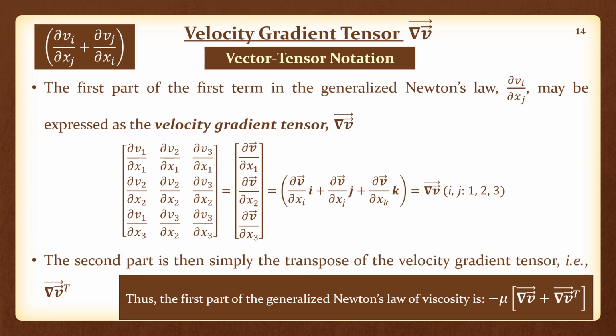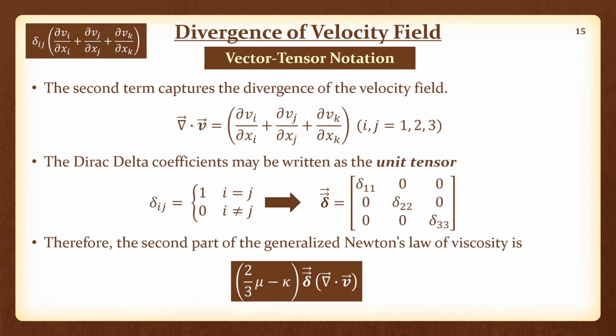This is the first part of the generalized Newton's law of viscosity. So all I'm doing is taking that expression in the previous slide for the generalized Newton's law of viscosity, which is written in the Einstein notation, and converting it into vector tensor notation. That's all. The second part captures the divergence of the velocity field.